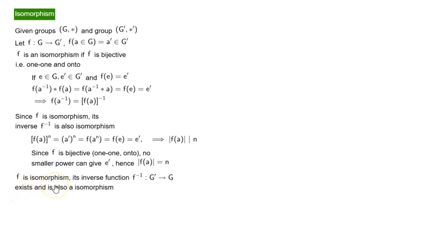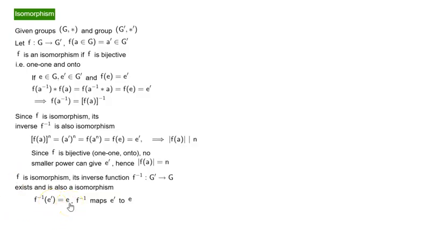Now, F is an isomorphism. Its inverse function, F inverse, which maps G prime to G, exists and is also an isomorphism. So F inverse of E prime, what is this going to be? Reverse mapping.